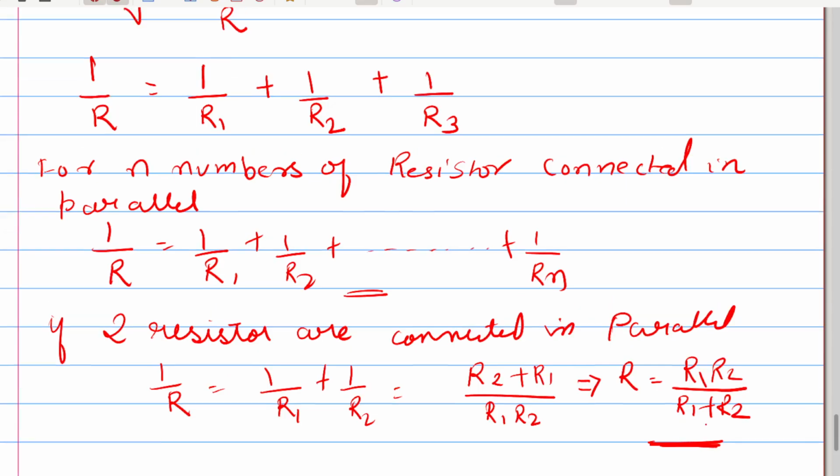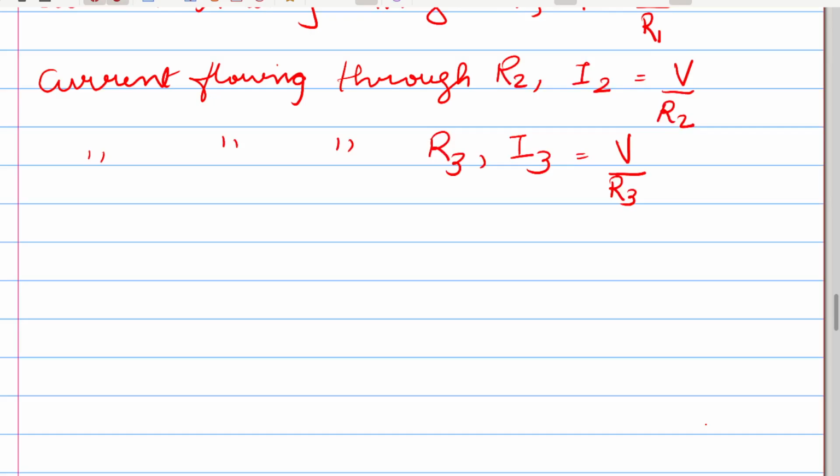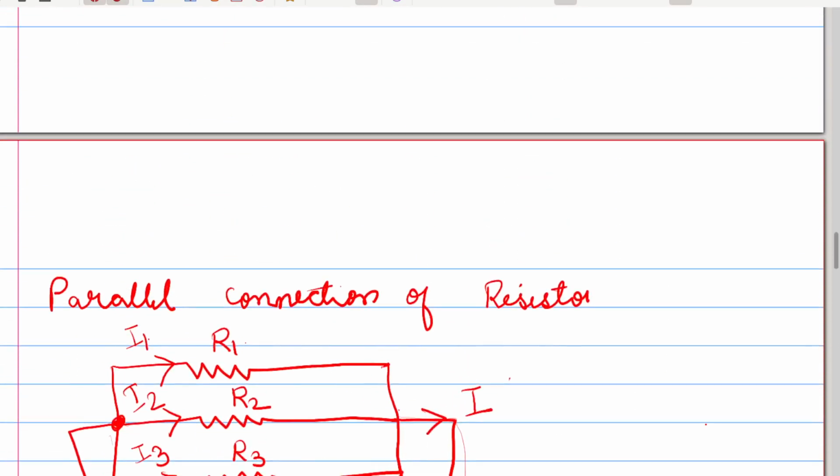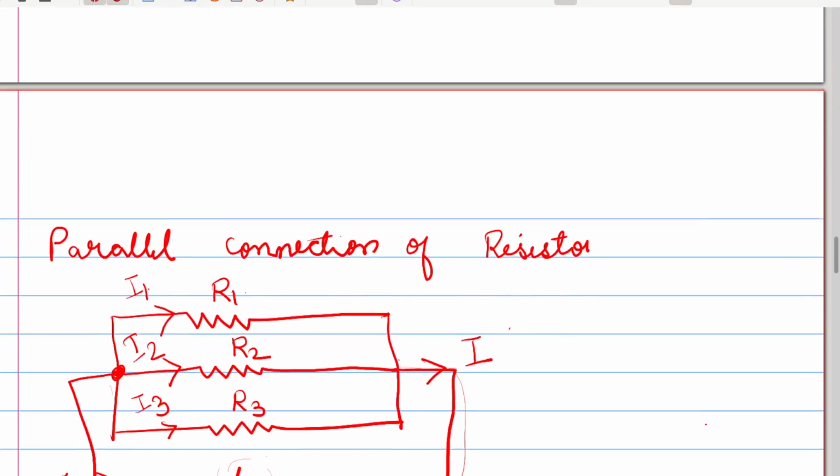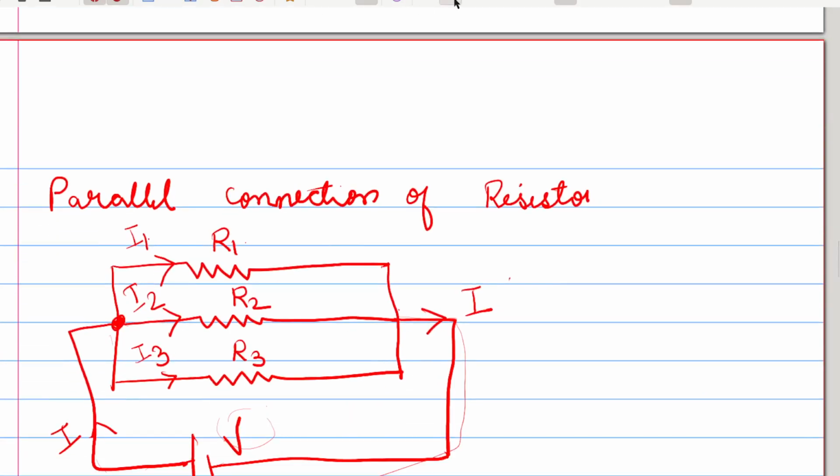Okay. Now let us say R1 is 2, R2 is 4 and R3 is also 1. Therefore 1 upon R equals to 1 upon 2 plus 1 upon 4 plus 1 upon 1.